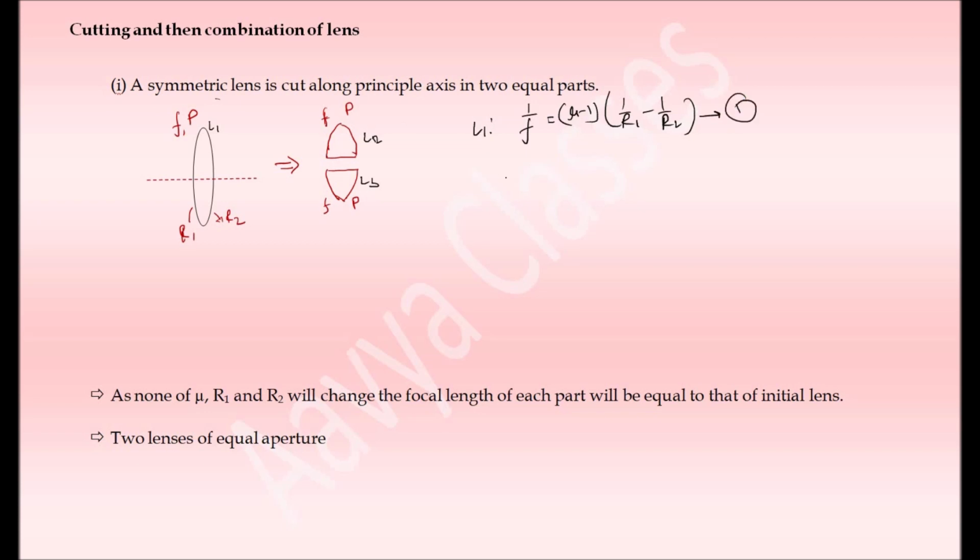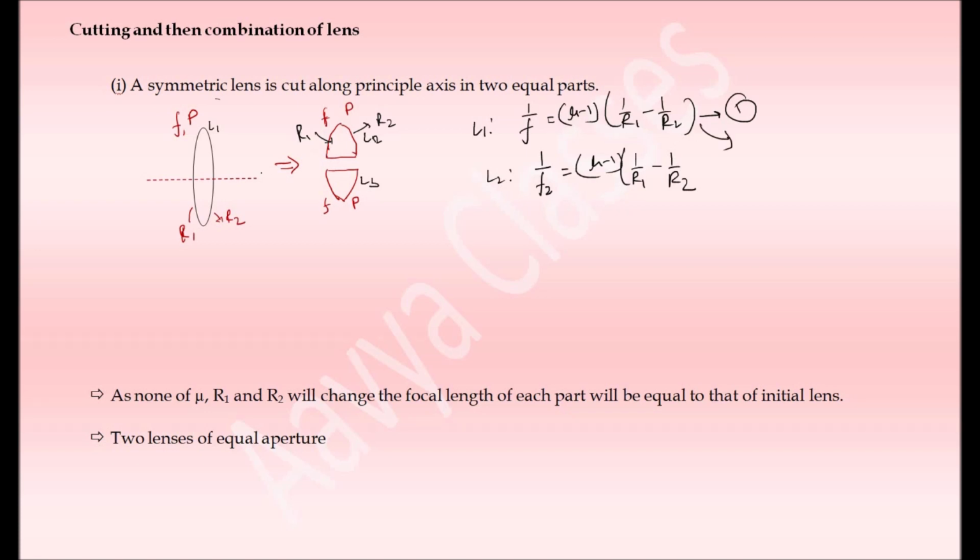If you see lens L2, its focal length, considered as f2, then 1 by f2 is equal to (mu minus 1) times (1 by r1 minus 1 by r2). The radius of curvature of the first surface is r1, and of the second surface is r2. Now just solve it.